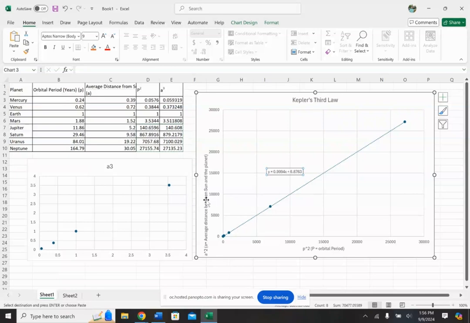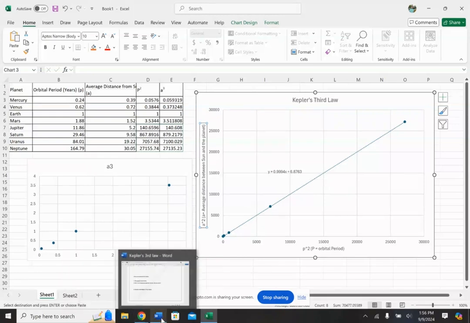So it very well fits the hypothesis that P square, which is the orbital period squared, is equal to a cube, which is the cube of the average distance between the sun and the planet. So it very much follows Kepler's third law. And this is the equation. All right, now let me see if there are any other questions.